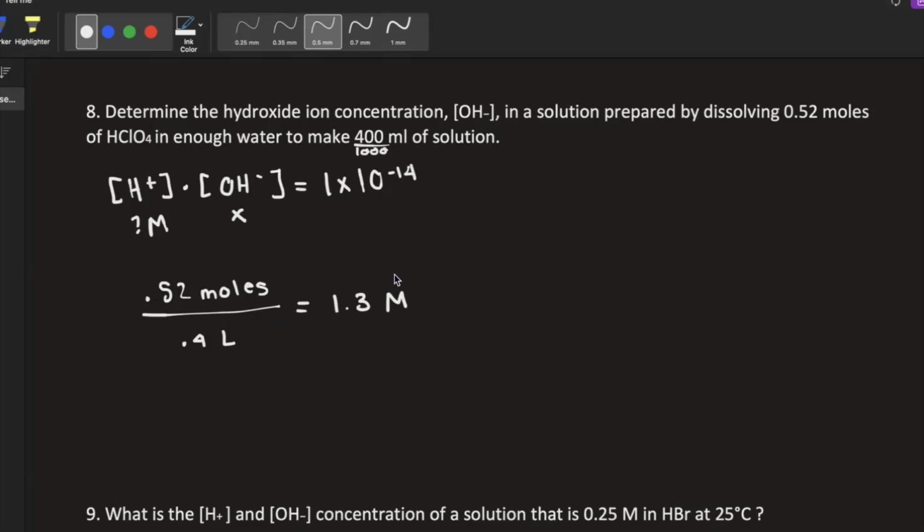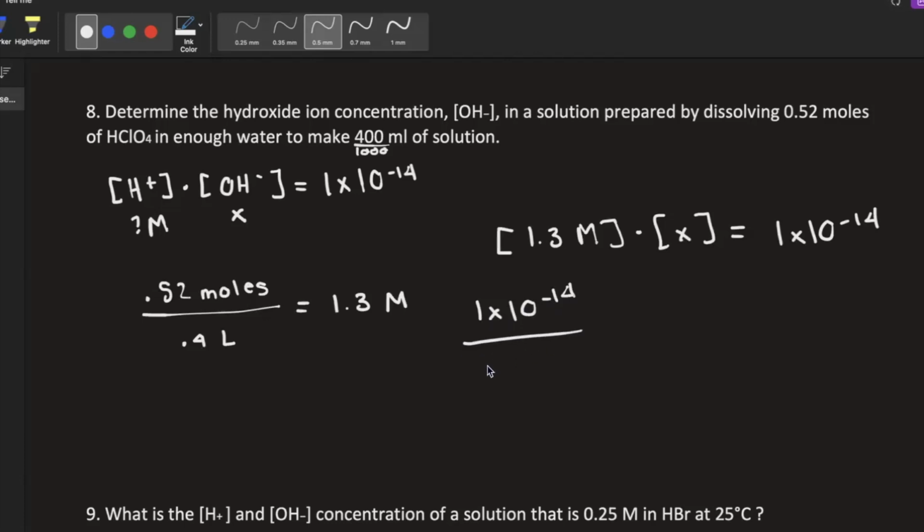Okay. Now we do the same thing. We do our hydrogen ion concentration, which is going to be 1.3 molar times X, which is going to give us 1 times 10 to the negative 14th. To solve for X, all we have to do is divide 1 times 10 to the negative 14th by 1.3.